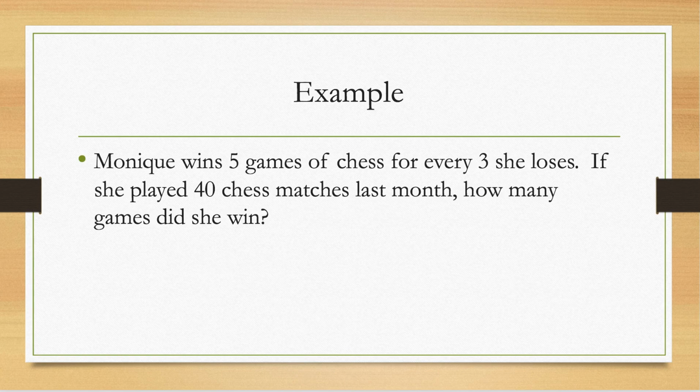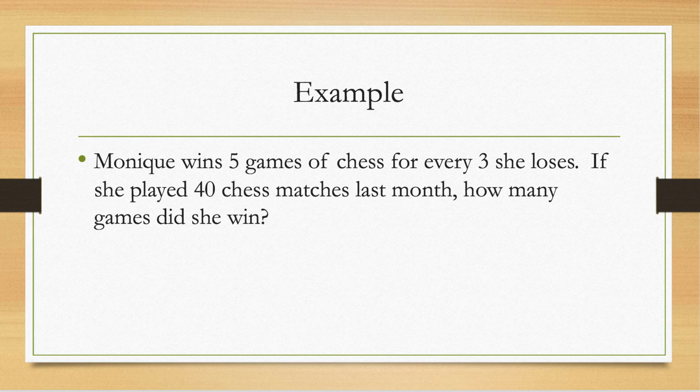All right, let's do one more. Monique wins 5 games of chess for every 3 she loses. If she played 40 chess matches last month, how many games did she win? So let's take our first sentence and make a ratio.